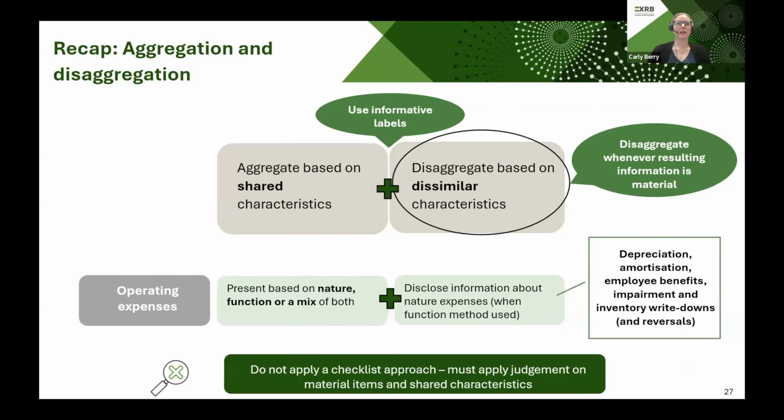So that brings us to a recap on the aggregation and disaggregation principles that I've just talked about. So please remember that aggregation is based on shared characteristics and disaggregation is based on dissimilar characteristics, and that you must always disaggregate items whenever the resulting information is material.